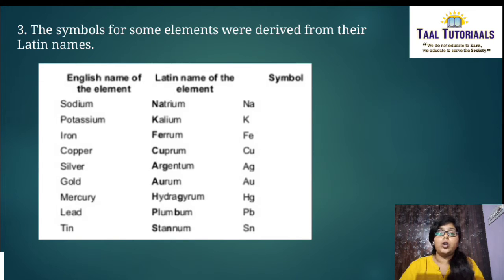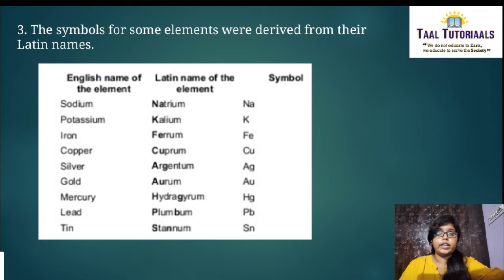For copper, cuprum. So we have taken Cu. For silver it is argentum. That is we have taken Ag here. For gold it is aurum. So we have taken Au. And for mercury it is hydrargyrum, so we take Hg. And for lead it is plumbum, so we have taken Pb. And for tin it is stannum, so we have taken Sn. This is the element's name based on the Latin name.